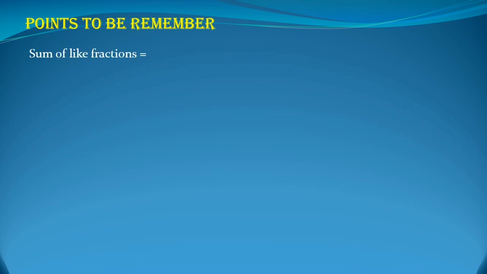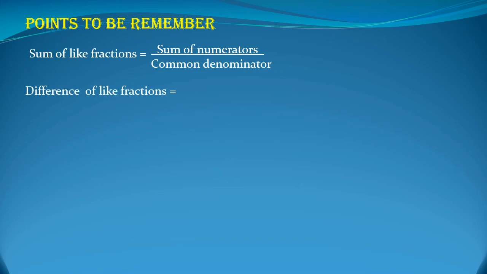Now, points to remember: sum of like fractions is equal to sum of numerators upon common denominator. Now, difference of like fractions is equal to difference of numerators upon common denominator. Okay.